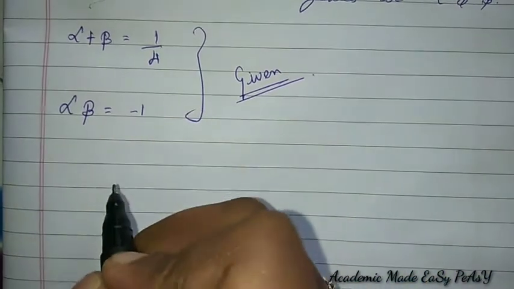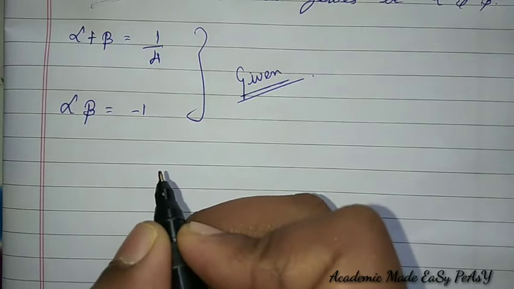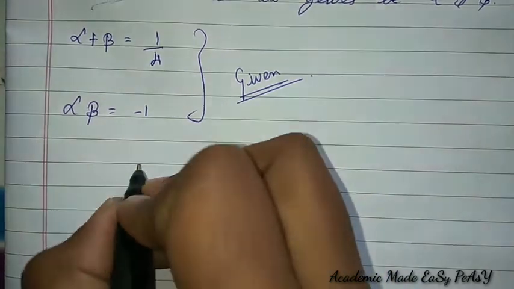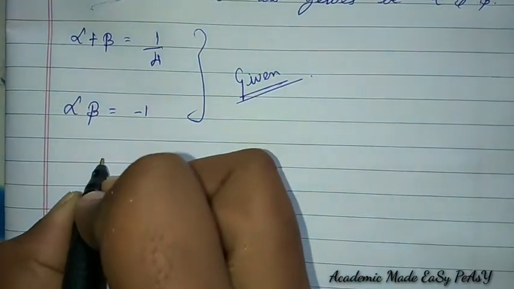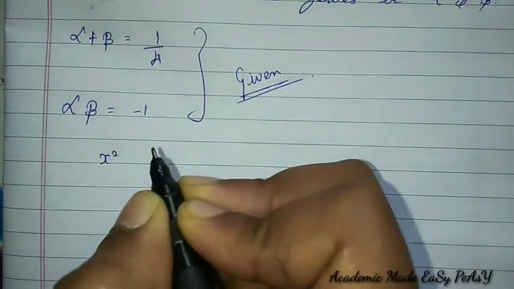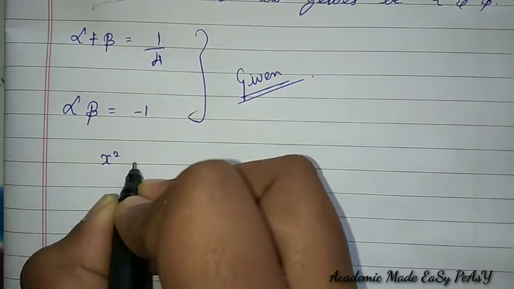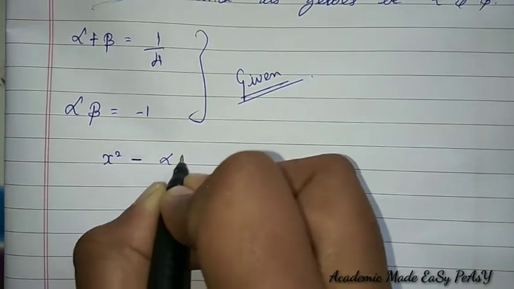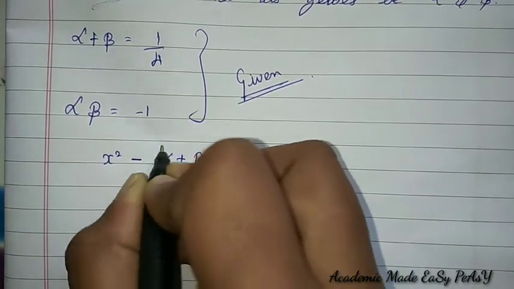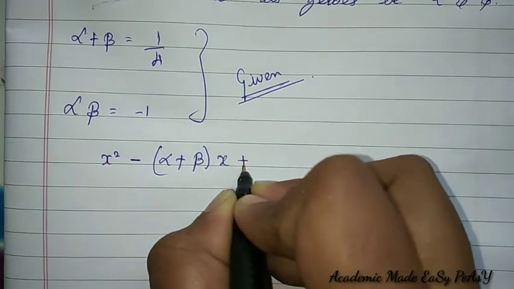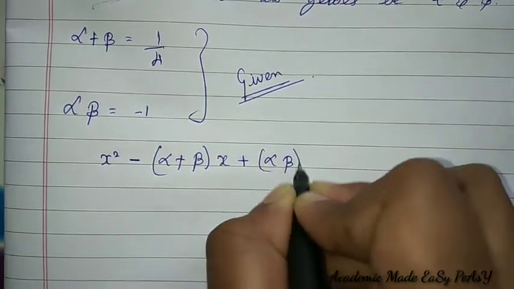Now what do I have to find? The quadratic polynomial, isn't it? So I will write the general form. To find a quadratic polynomial we will be using this: x square minus alpha plus beta into x plus alpha into beta.